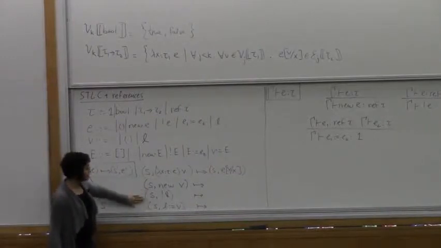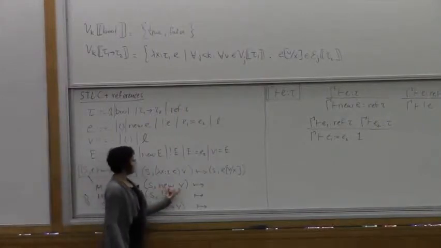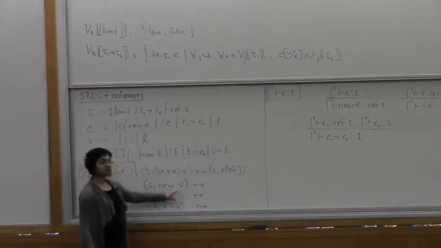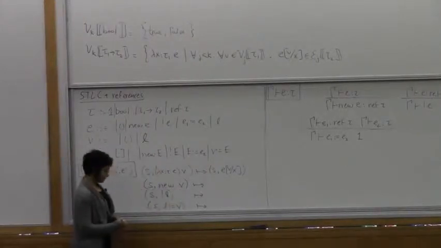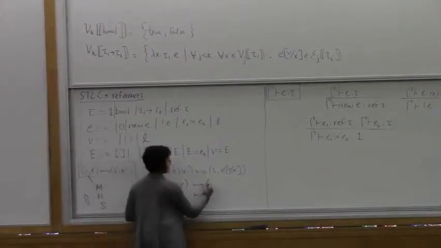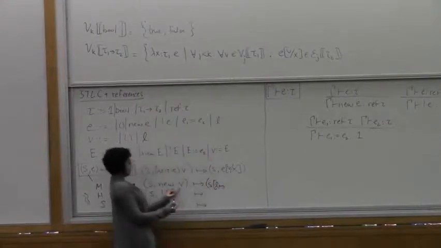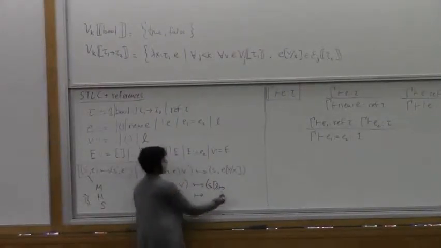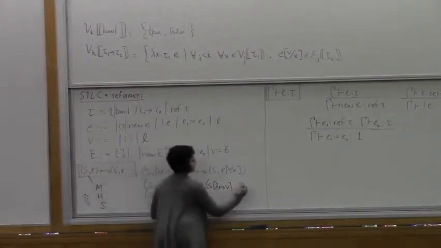How do we do allocation, dereferencing, and assignment? So let's just write these out. I've evaluated my value that I want to put into the store. So how do I actually allocate a new location? Extend the store, so take S and add a new location L to the store, where L maps to V, and new will simply return the location.